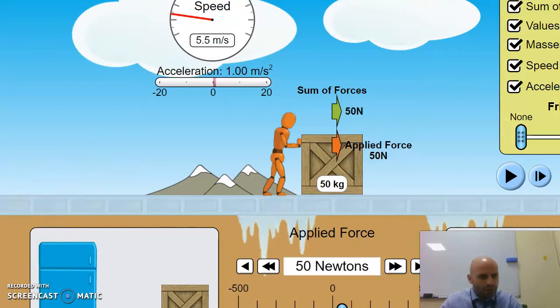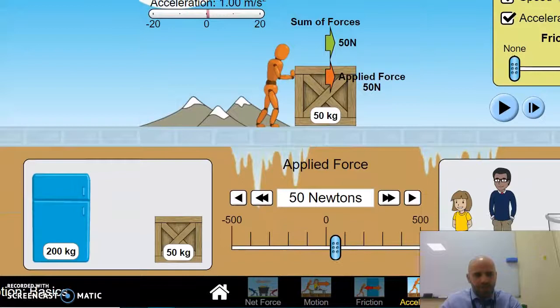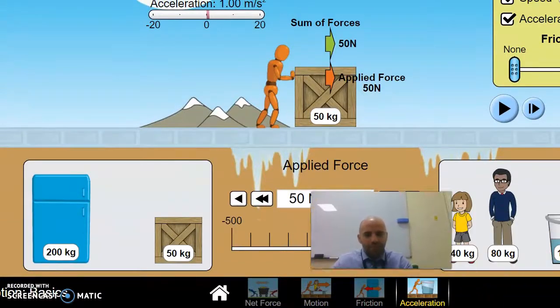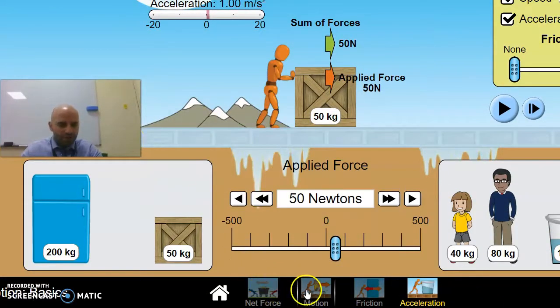You can see there at the bottom, you've got net force, motion, friction, and acceleration. If you go to the acceleration game and play around with it there, then you can basically turn on all of these parameters, and you can apply a force and measure the final speed up there.